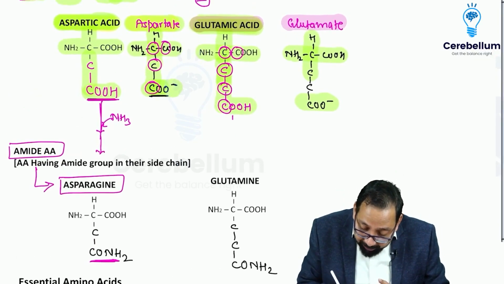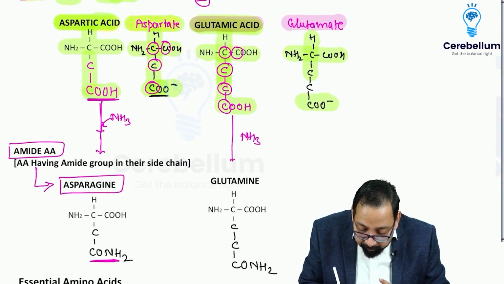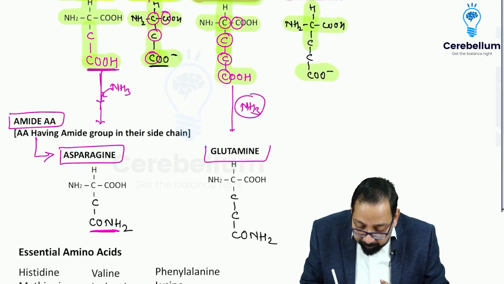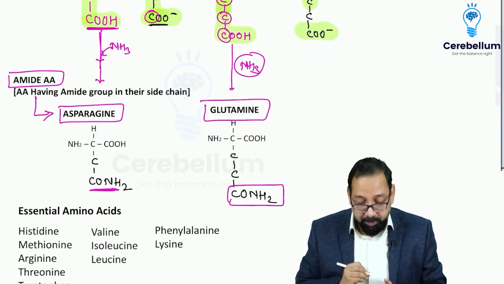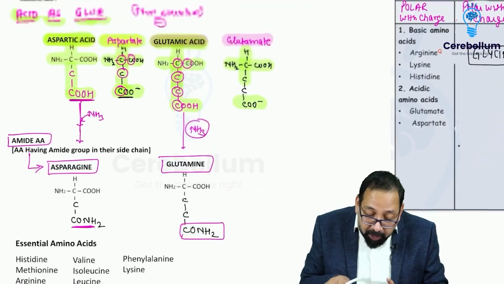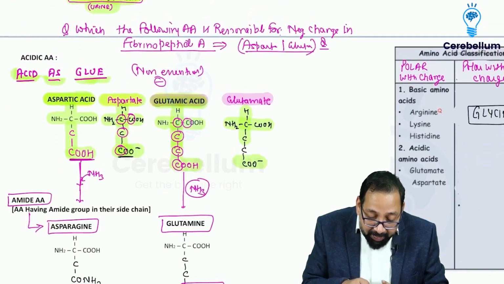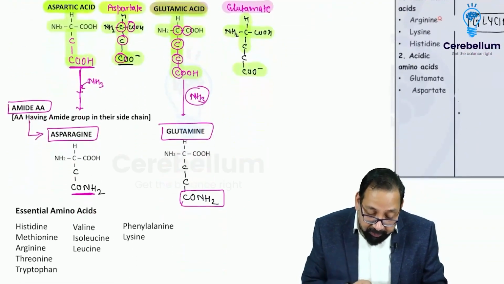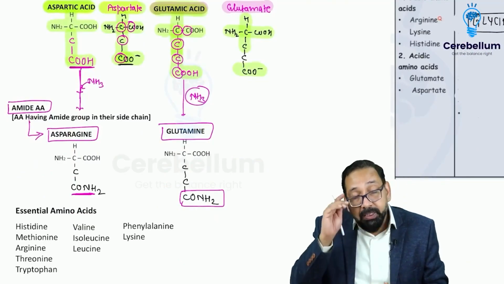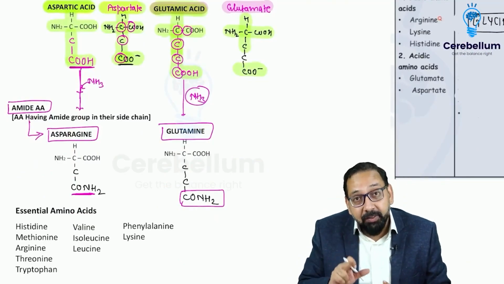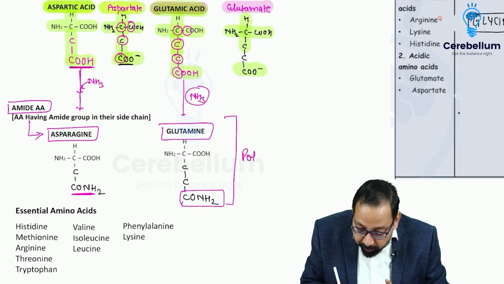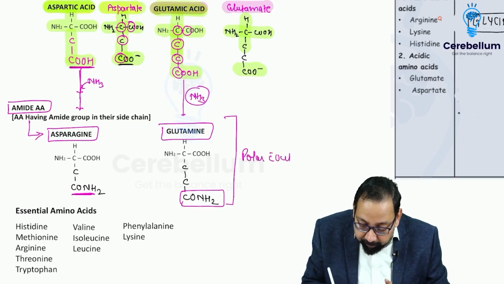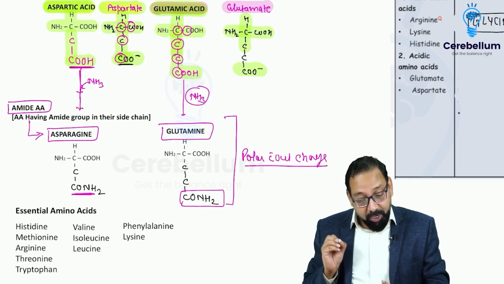Glutamate or glutamic acid binds with ammonia to form glutamine, which has an amide group. So this is about acidic amino acids having negative charge. These are amides. Amide amino acids do not have negative charge. They are polar without charge. No charge on asparagine or glutamine.